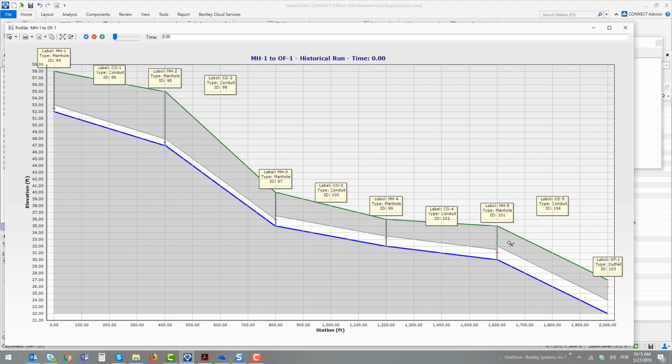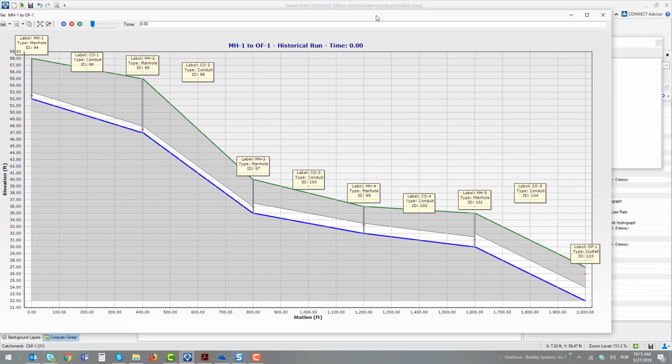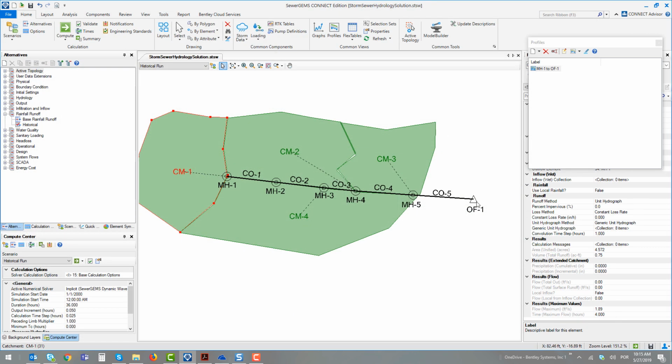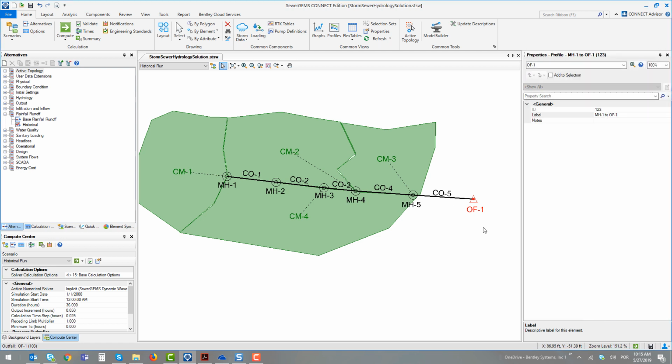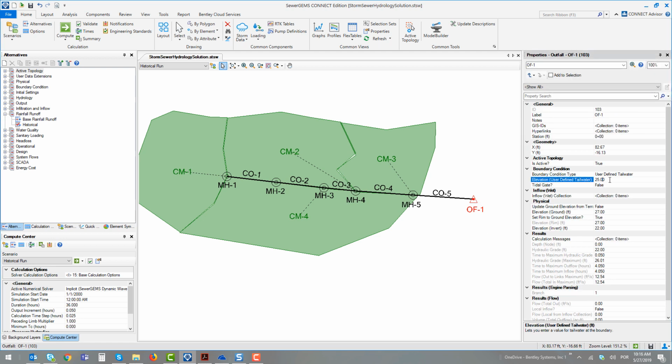Another thing that is, let's say, producing an issue is the fact that at the outfall element we defined a tailwater at the elevation of 25 feet. So if we select that outflow node, we defined a tailwater of 25.